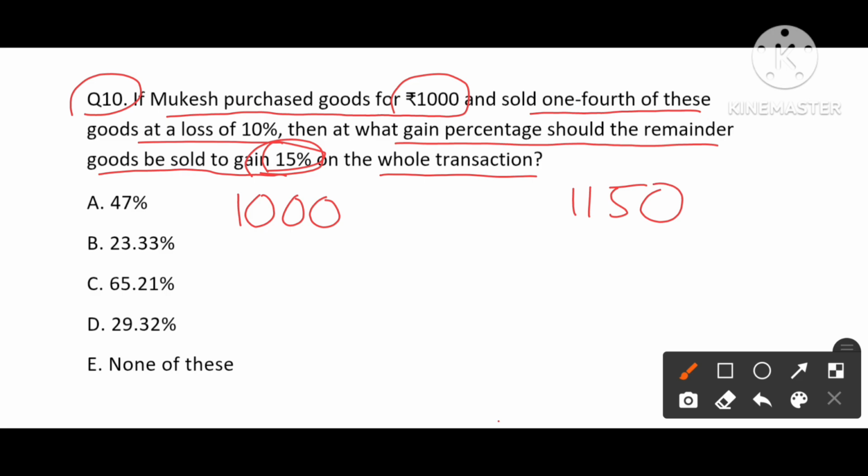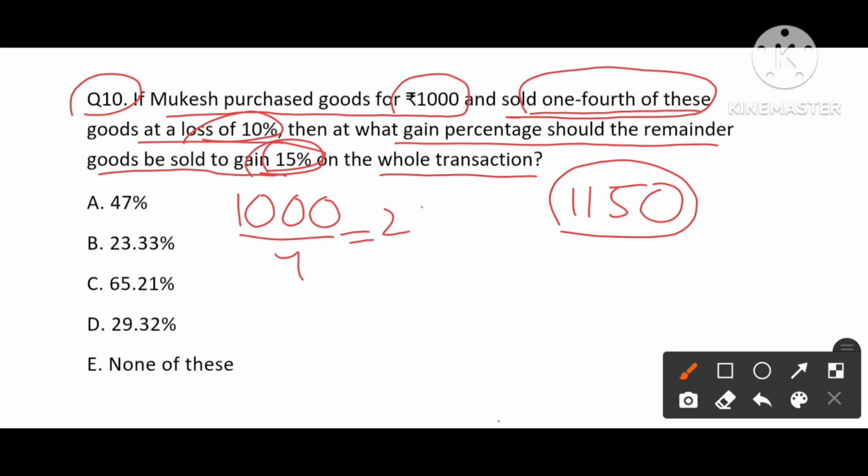So he needs to sell the whole goods at 1150. But here it says that 1/4 of these goods are sold at a 10% loss. 1/4 of 1000 is 250. So 250 rupees worth of goods he sold at 10% loss. 10% of 250 is minus 25.